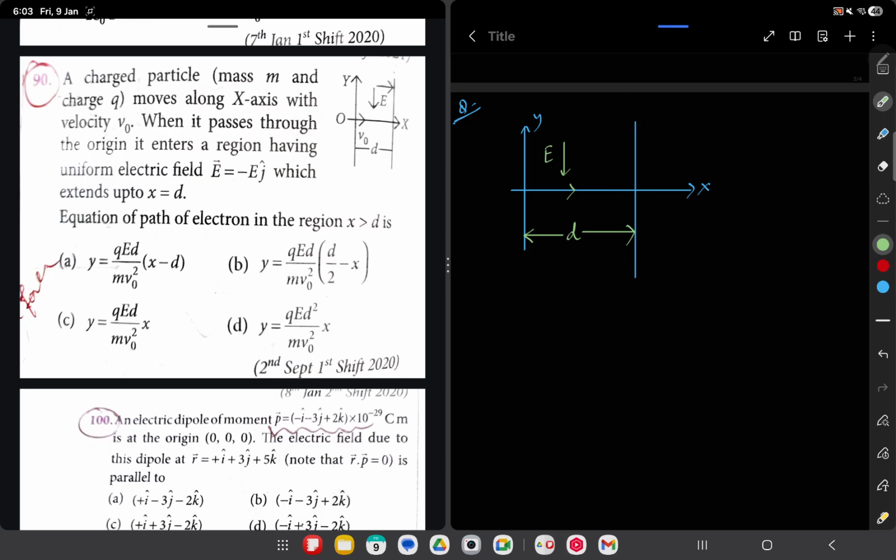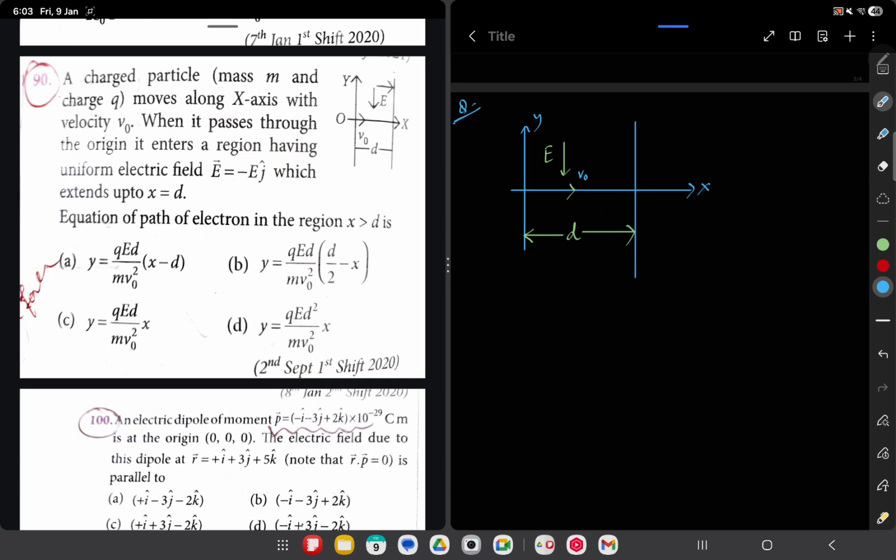Beyond this, there is no electric field, and the particle is moving with velocity v naught. So as the electric field is in this direction, the particle will take a turn like this, and then it will go in this way.